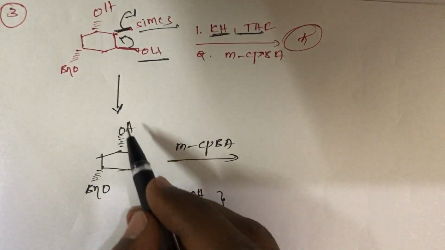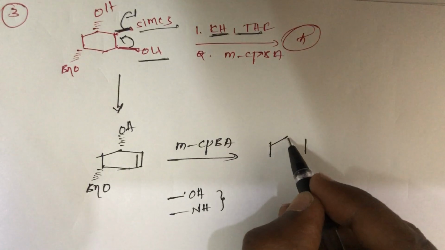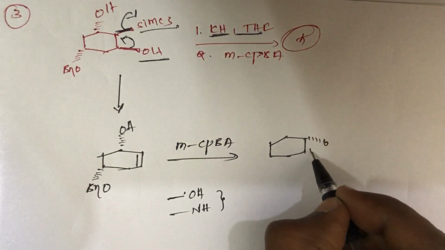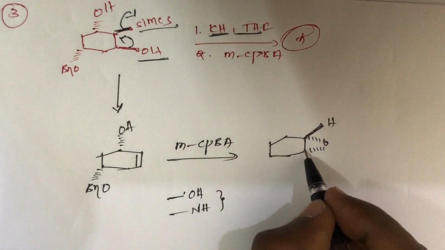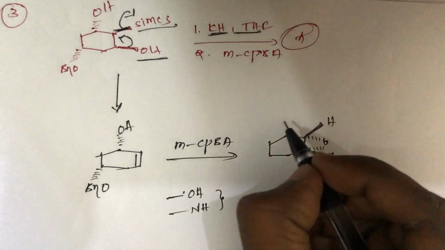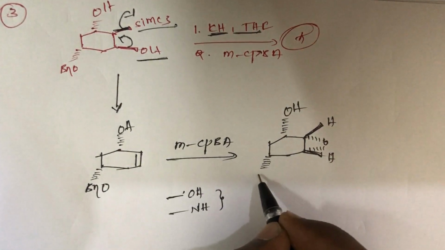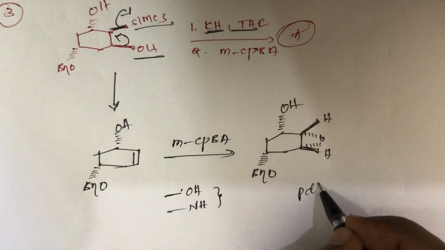So we have this position below the plane, right? So epoxidation will take place in the same manner. So the hydrogens are above the plane, right? This is our product.